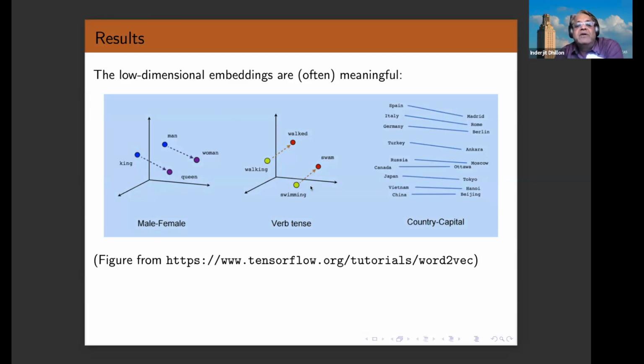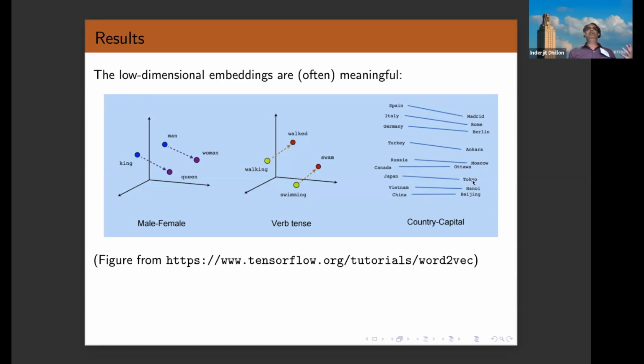If you looked at different verb tenses, then swam minus swimming was the same as walked minus walking, so the past tense versus the present tense. And even with things like, Russia minus Moscow is equal to Japan minus Tokyo.